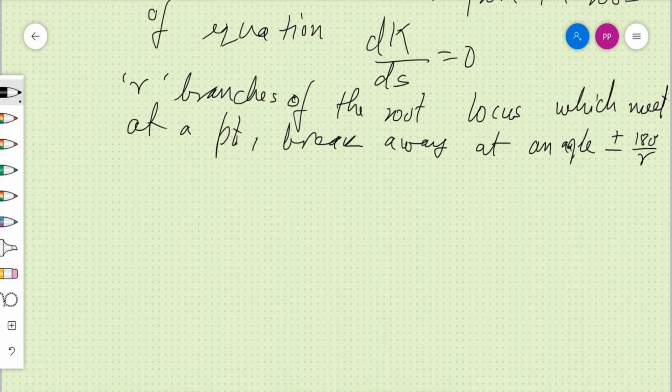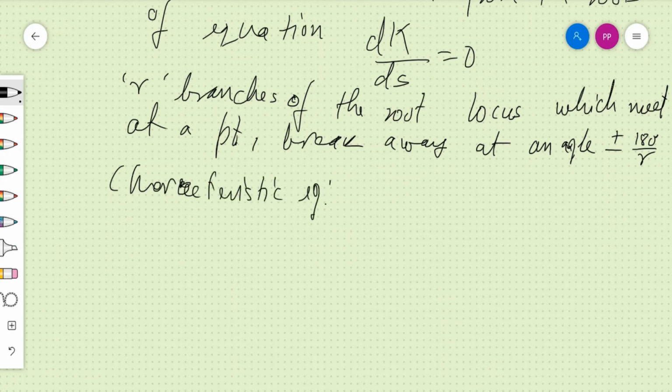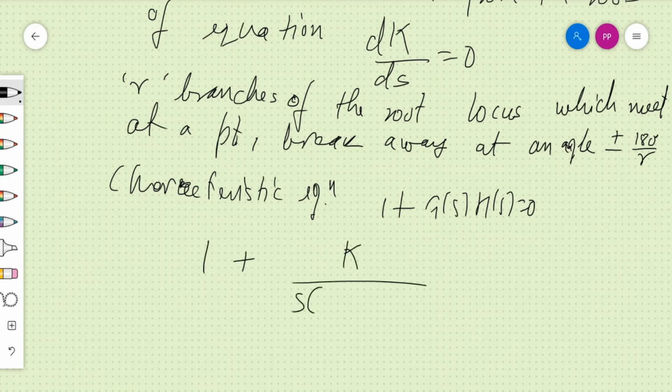In our case, you can see that the characteristic equation is 1 plus G(s)H(s) equal to 0. In our case, it is given by 1 plus k divided by s into s plus 4 into s square plus 4s plus 20, and this is 0.